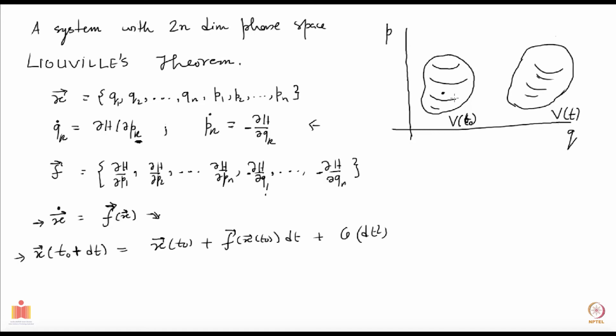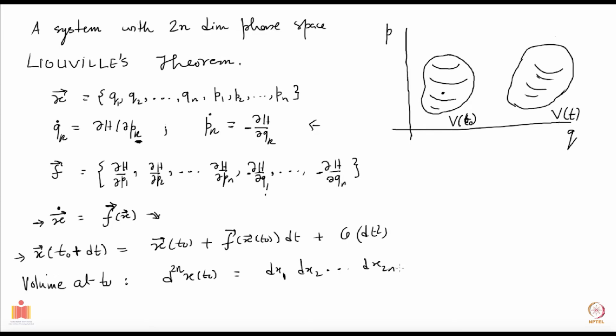The volume at t0 is d^2n x at t0, which is nothing but dx1, dx2, and so on up to dx2n, which is just dq1, dq2 up to dqn, and then dp1, dp2 up to dpn.